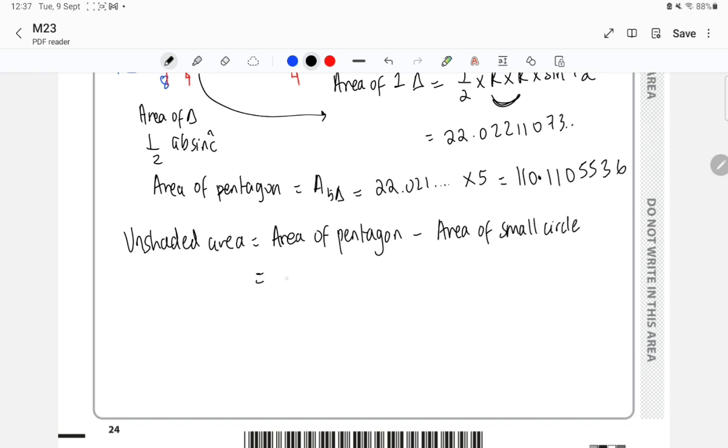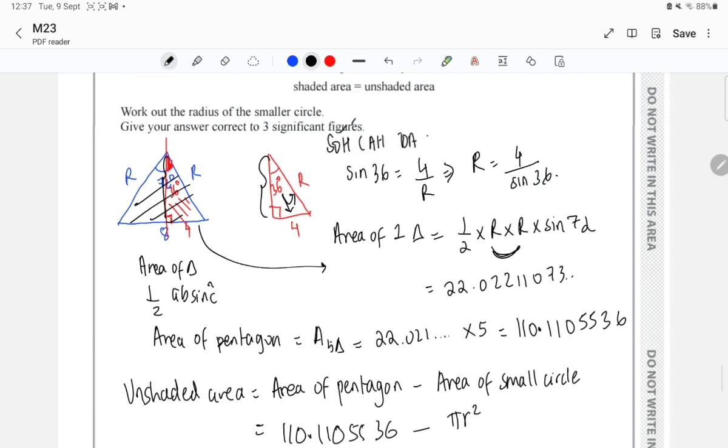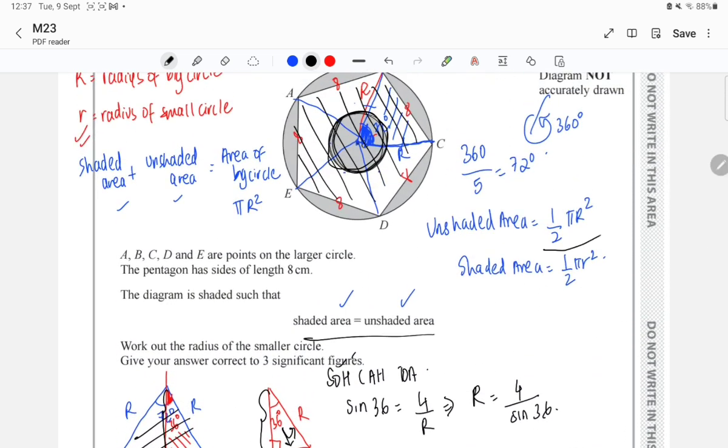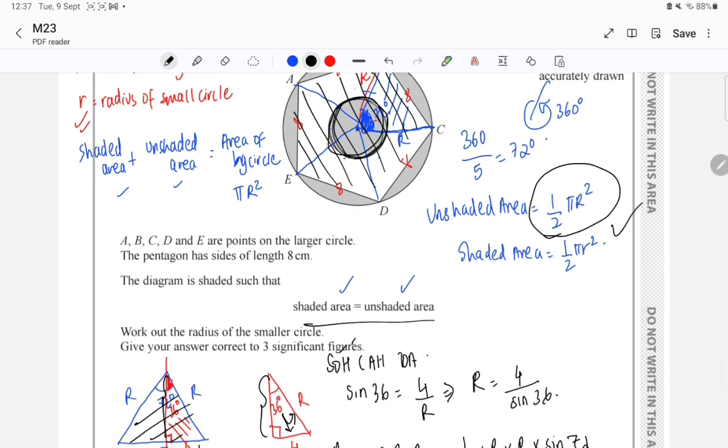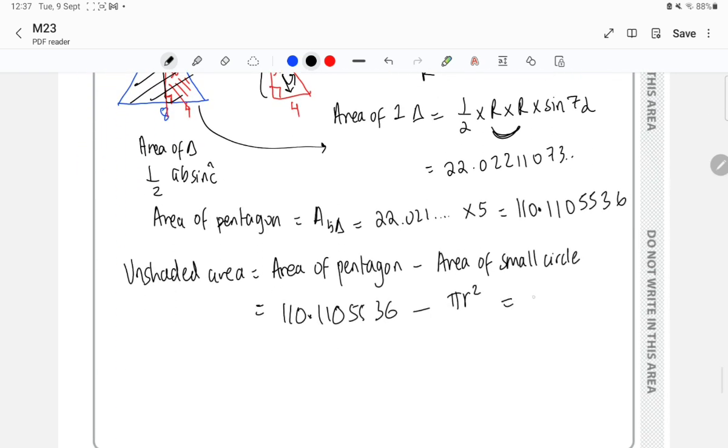So it would be 110.1105536 minus pi times small r squared. Now this unshaded area, as we've seen before, was also equal to half times pi times big R squared.